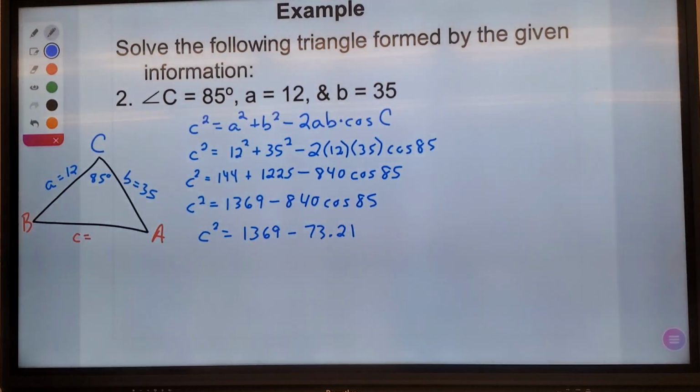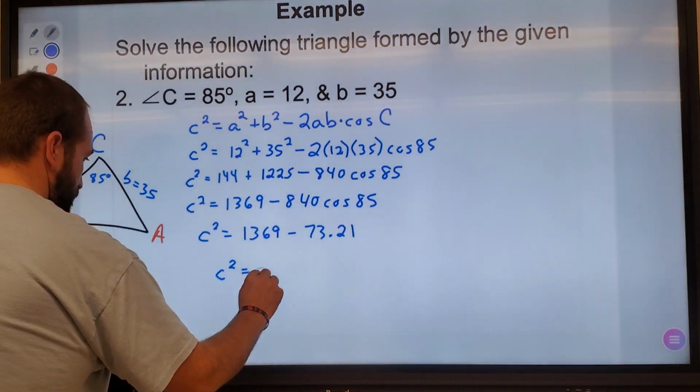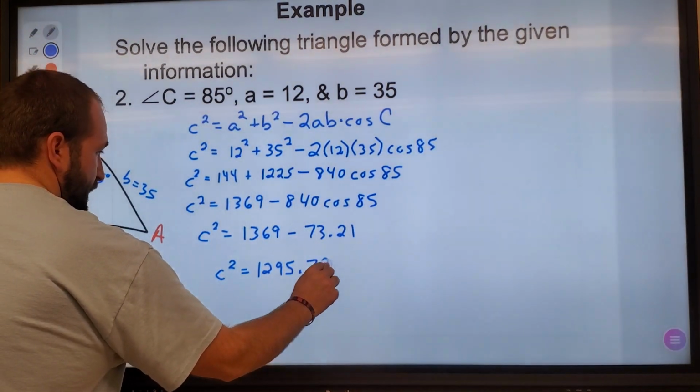I'm going to subtract those two from each other. That's going to give me c squared is equal to 1,295.79.